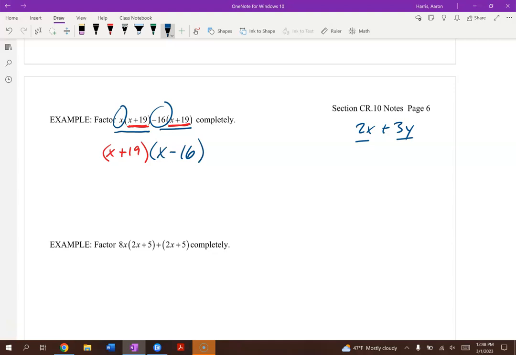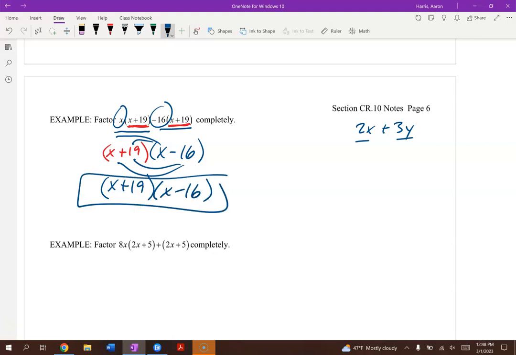If I FOIL that back, this x will go to both of those, and this negative 16 will go to both of those. I know I did the FOIL out of order, but it'll go to both of those. So it's the same thing. You could FOIL it and check it. You could distribute this and check it, and you'll see they're the same thing, right? That's called factor by grouping. It's just that it's partially factored for us already.